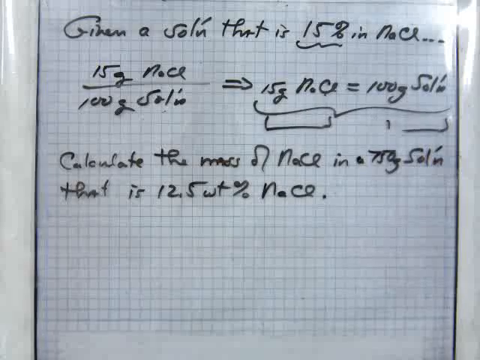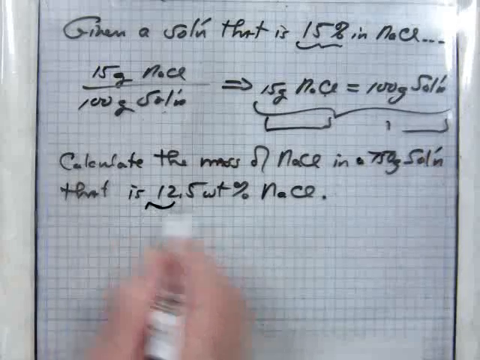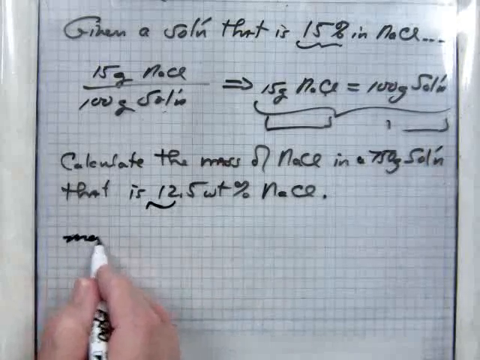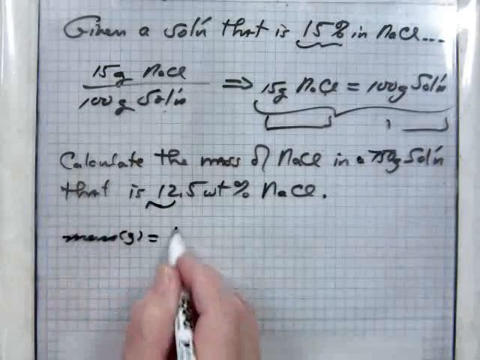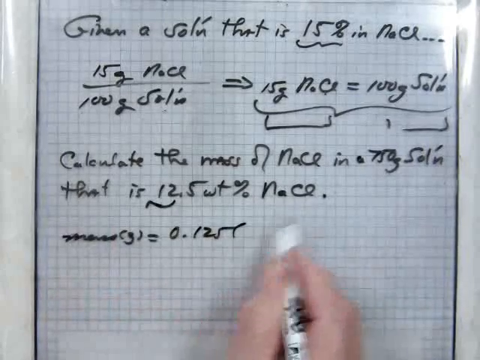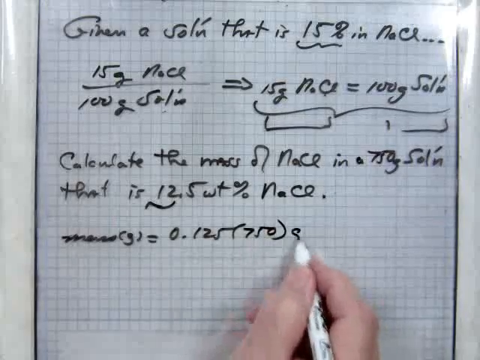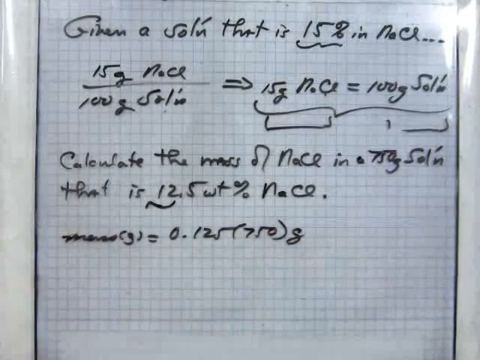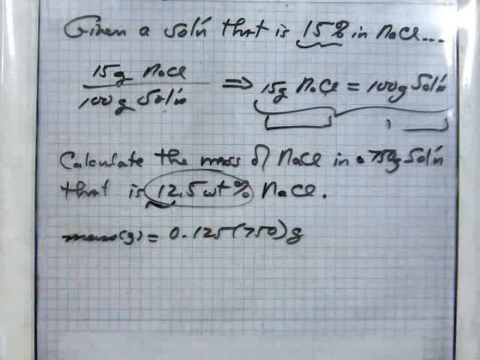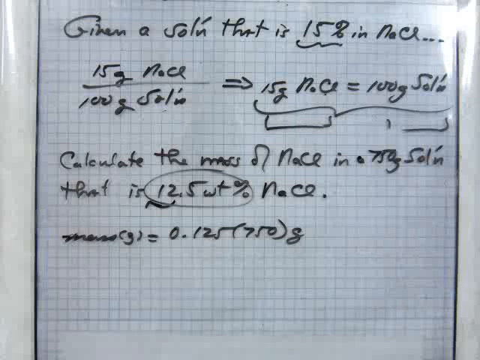Now, we all know how to just move the decimal over 2 places, and then mass in grams equals 0.125 times 750, and we hang a grams on it. But that's not always going to be as easy as that in some of the problems, and we'll work them in the future to emphasize them.